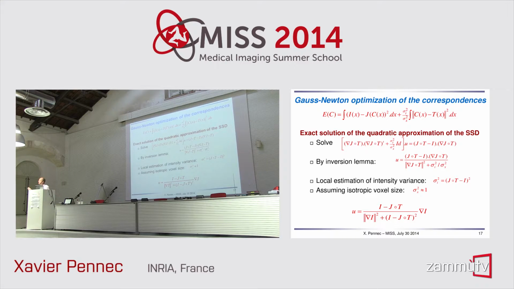Sigma x is the error that we're allowing between the transformation and the correspondences. So it's basically the size of a voxel. I mean, if we have a voxel which is the center of a voxel which is matched to, or which is deformed to within another voxel, that's basically the best we can do for the correspondences. So we can take sigma x, which is of the order 1, and then we end up with this formula, which is exactly what Jean-Philippe Thirion proposed.